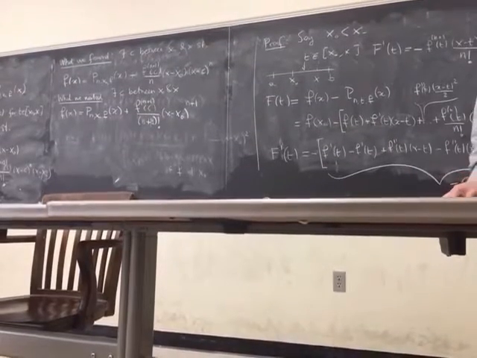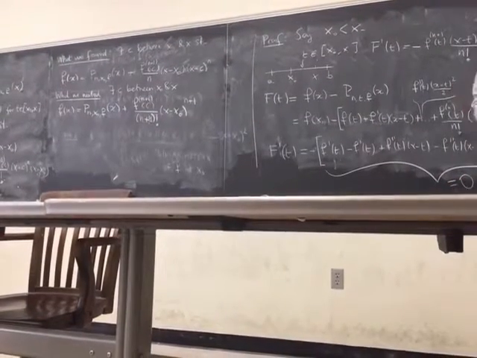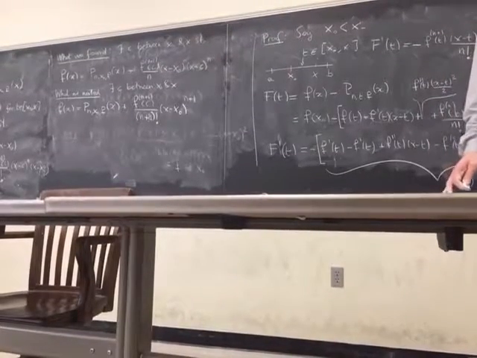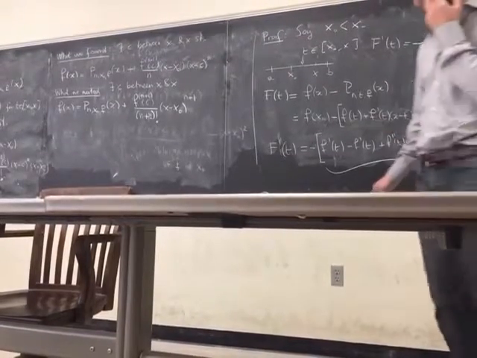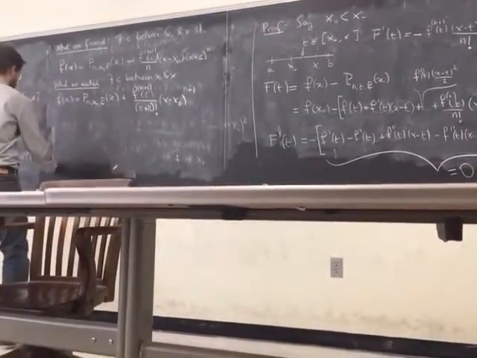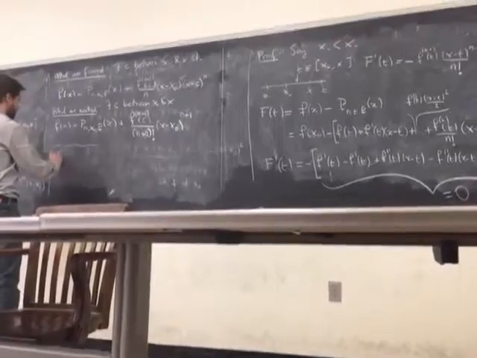So how do you fix that? To fix that, you apply the mean value theorem not to F(t), but to a slightly modified function, which is the following.